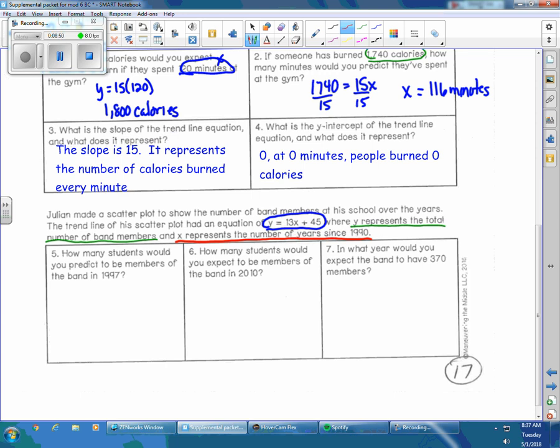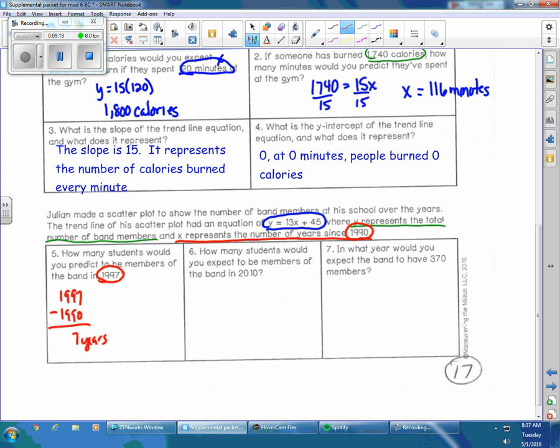So they're giving us a time. Okay, so I'm going to stay in red here. This is a year. So this says 1990. So to figure out the number of years since 1990, I'm going to subtract 1997 minus 1990. That's 7 years. So my x is going to be 7 years here.